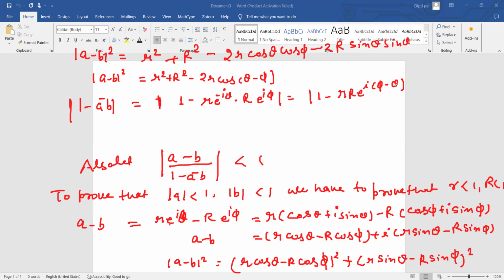So it can be written as 1 minus r capital R times cos of (theta minus phi) plus i sin of (theta minus phi); it can be written as minus (theta minus phi) inside.